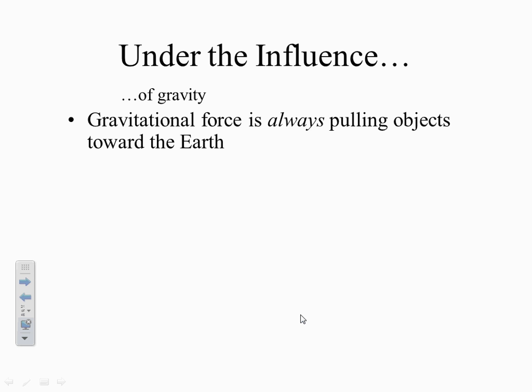But because that stuff is so teeny tiny compared to the mass of the Earth, we don't tend to pay attention to the Earth's movement. The force is still there, still pulling up on the Earth, but we don't pay attention to it right now. We'll discuss it later on.